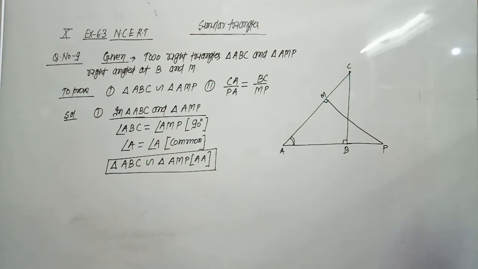If two triangles are similar, then their corresponding sides must be in proportion.